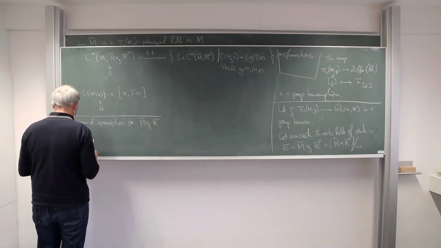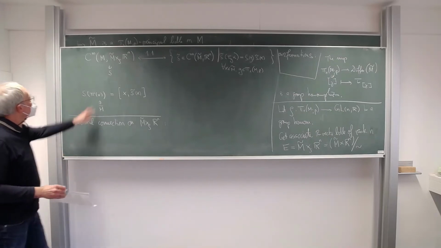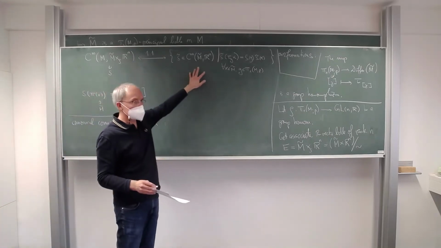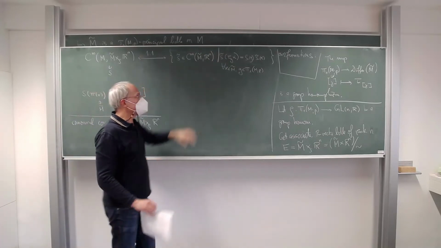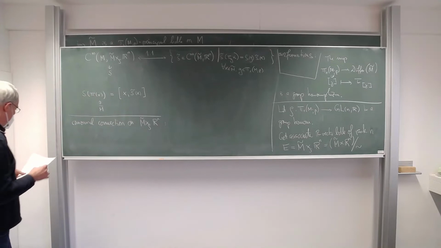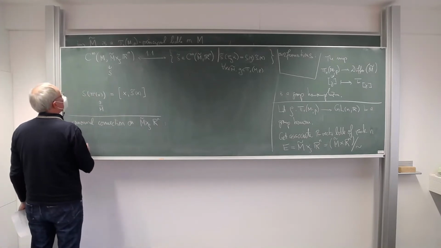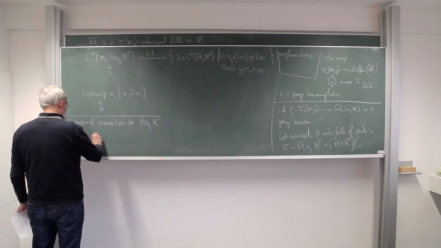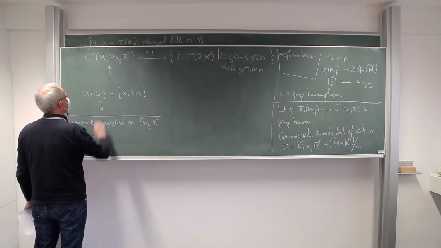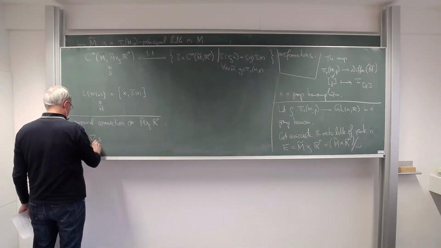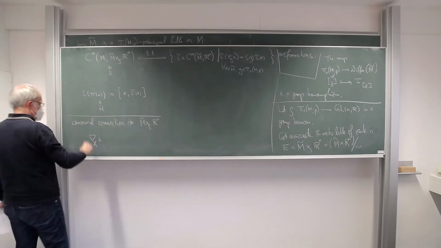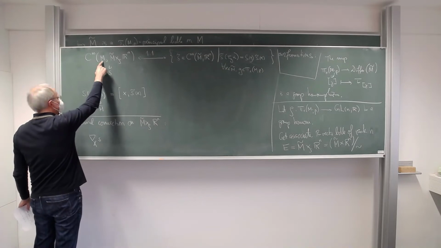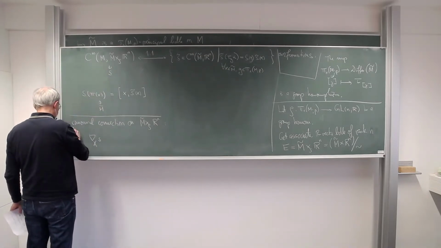I could describe it on this level, or I could describe it on that level. So let me describe it on that level. If I want to define the covariant derivative of a section S in direction of a vector X, so that's now a capital X, a tangent vector to the manifold M, of course.